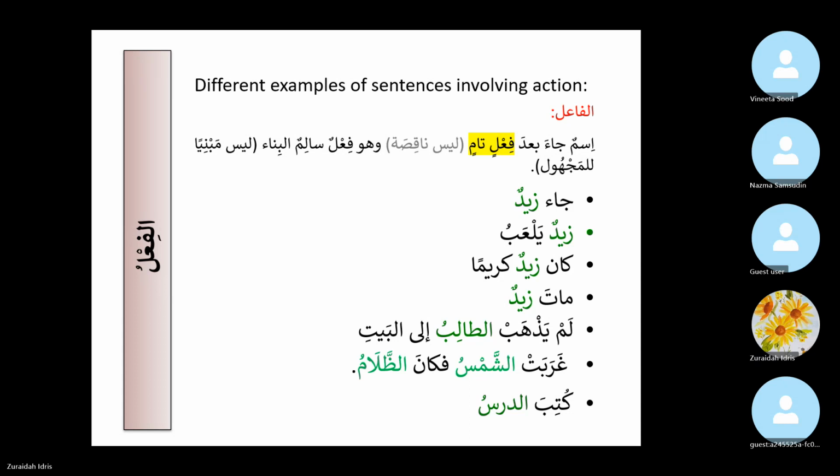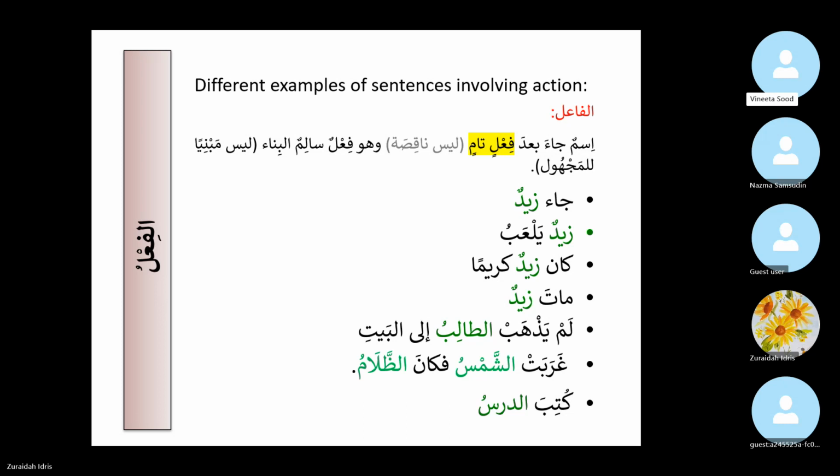The next one, gharabat. Gharabat is like when you go into the sunset. Gharab, that's when you have Maghrib, from ghurub. Gharabat is again past tense feminine because of ash-shams, the sun. Fakana z-zalamu.